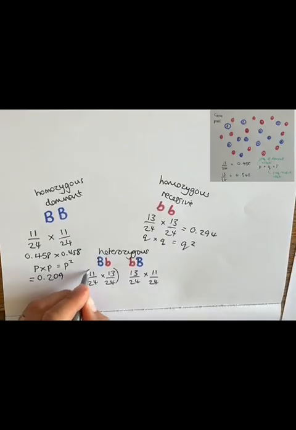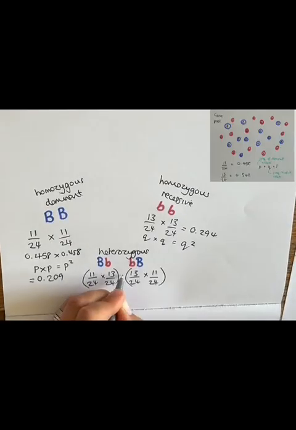Because we can get both of those, we need to add those up. Or in other words, we could say 2 times pq, or 2pq. So if we do that calculation, we get 0.496.